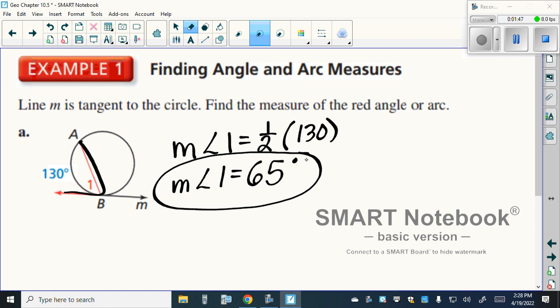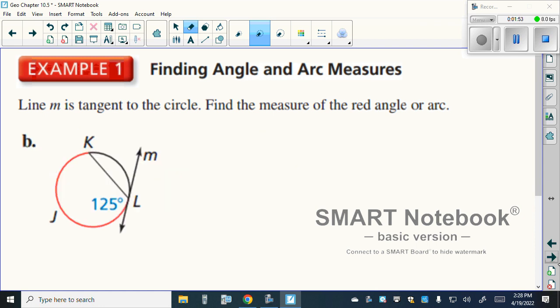Any questions on this here? Are you ready for the next one? Now on this one here, we want to find the measure of arc LJK. Well, according to our theorem, the angle L is equal to half the measure of the arc.